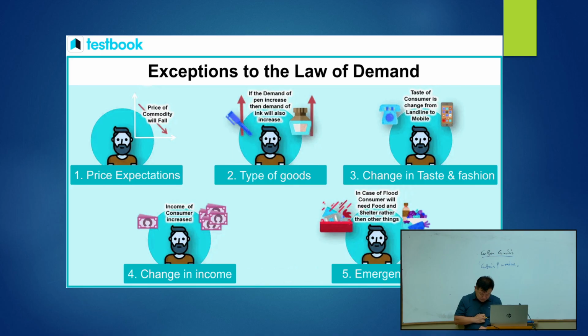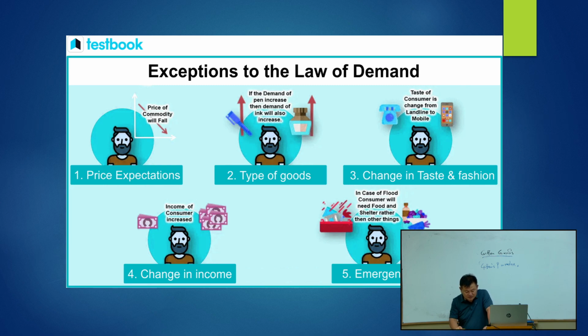This is for the special status symbol goods. Also, fear of shortage. Oh, I'm very afraid of this shortage because next month there will be very heavy rain, or we anticipate a big earthquake or something like that. This is a fear of shortage.